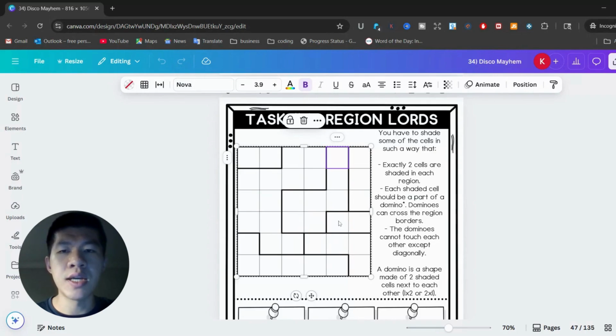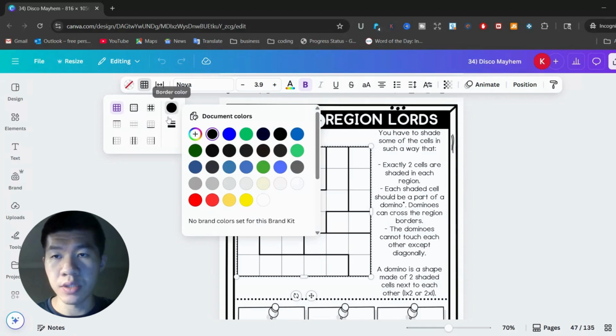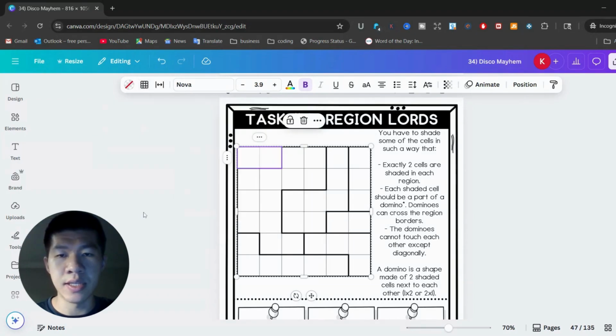Right away, I noticed that you have these 2 by 1 cells here. Since two cells are shaded in each region, I know for a fact that these two will, by logical reasoning, have to be shaded in. So I'm just going to shade this as a light gray color.